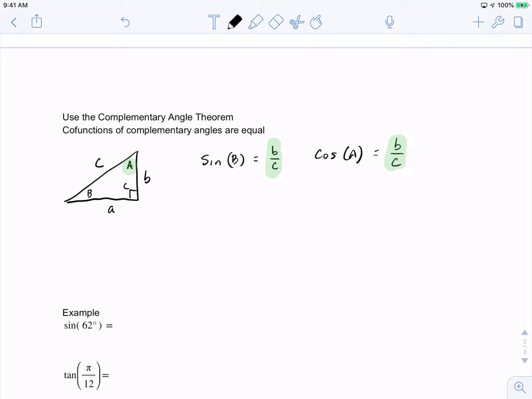This is all it's saying, is if I go sine of B, cosine of A should be equal.